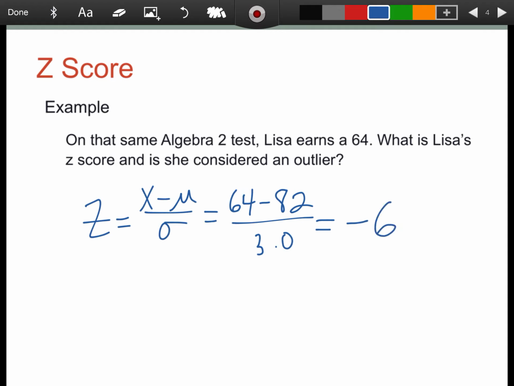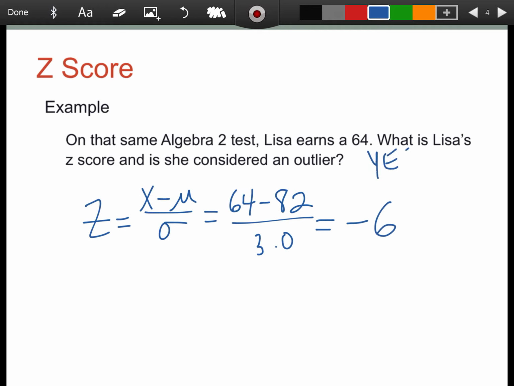So my Z-score here is negative 6. To have a Z-score of 6, positive or negative, is very, very unusual. She earned a very low score compared to everybody else in the class.